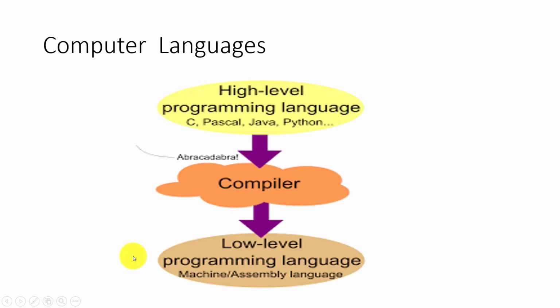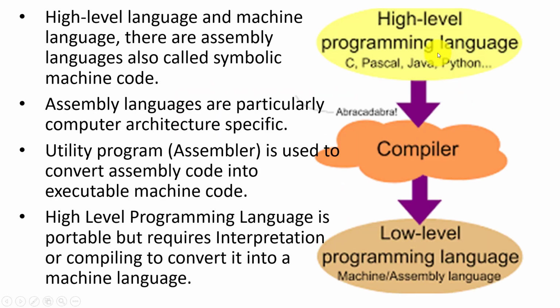So basically there are the categories of high level language, assembly language, and low level language. In the next video, we're going to discuss in detail what is high level, what is an assembler, what is the difference between an assembler and a compiler, what is machine level language, etc. In this video we're going to understand only the basics: what is high level, why we need a compiler, and what is low level language. High level languages like Pascal, Java, etc. are readable by users.